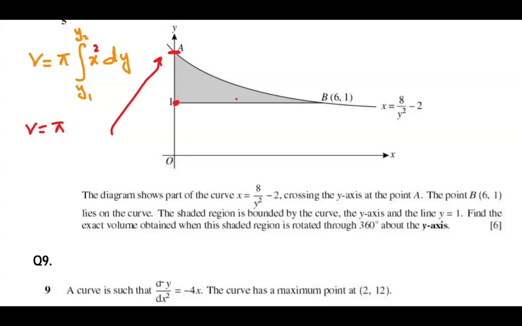Put x 0. If you want to find the y intercept, A is on the y axis, and on the y axis we know x is 0. So put x 0 in this equation, so 0 is equal to 8 over y square minus 2, and find y from here.